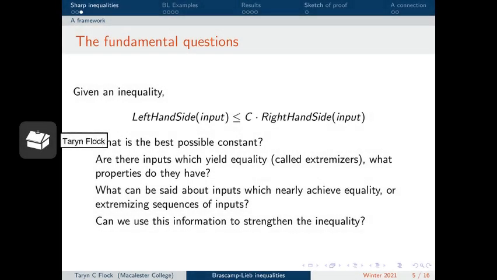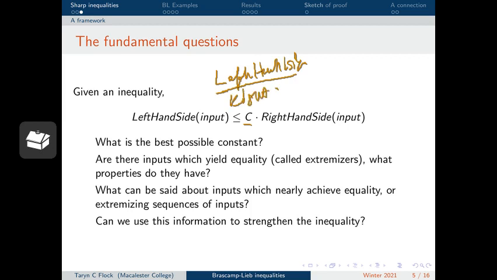And more generally, what can I say about inputs that nearly achieve equality, about sequences that are getting closer and closer and closer to this equality case, but don't necessarily, do they converge? Is there compactness? If I look at my inequality, the optimal constant will always be this solution to left-hand side over right-hand side is less than or equal to constant.